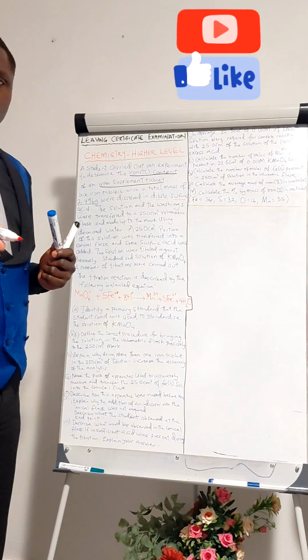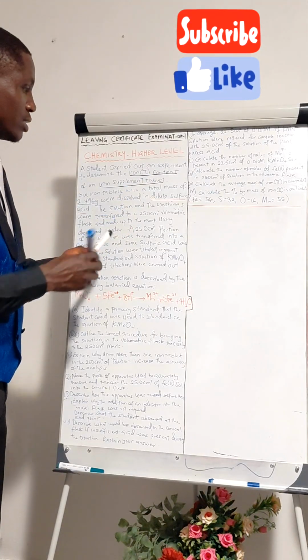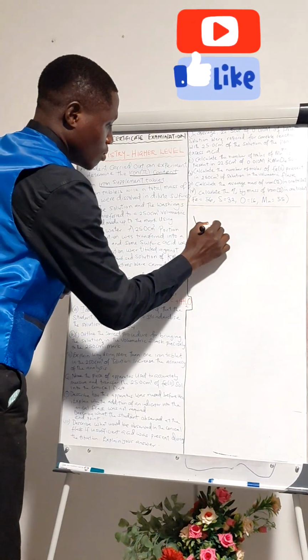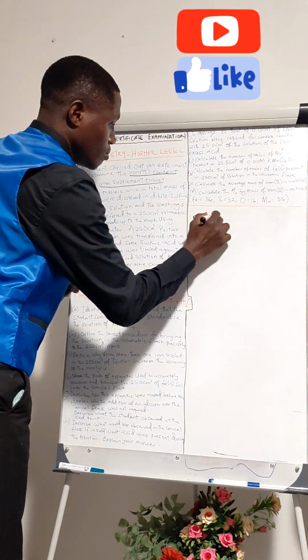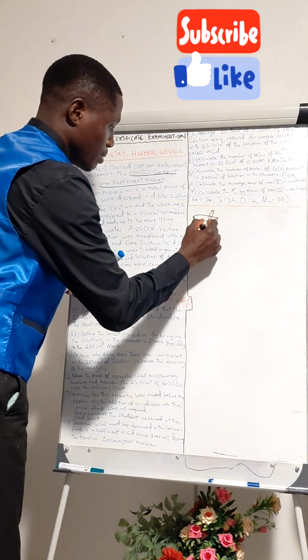Now let me explain these steps before we go on. What the student does is weigh these 6 tablets into a crucible and pound them.